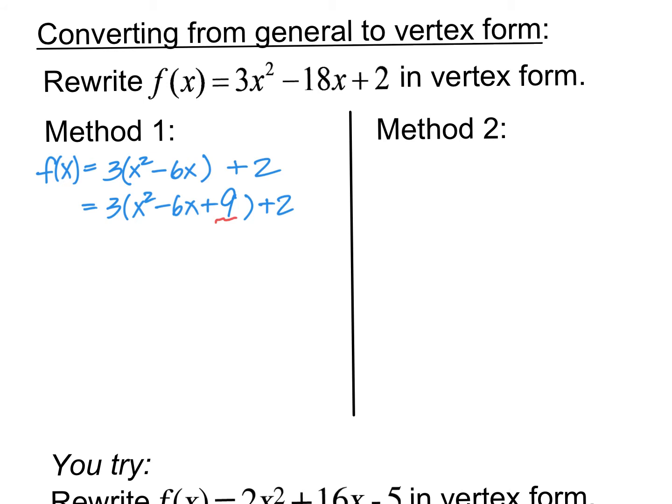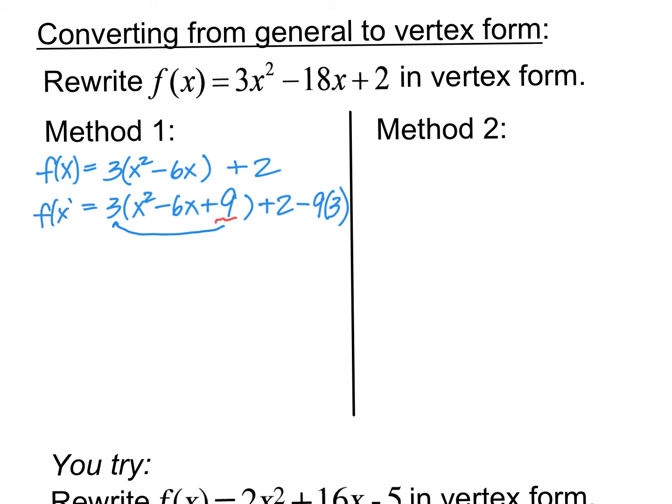Now if you add 9 there, then you also have to subtract 9 over here. But it's 9 affected by a factor of 3, so you have to subtract 9 times 3. You introduced a 27, so you have to subtract a 27 to keep it balanced.